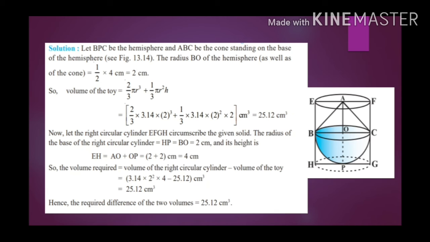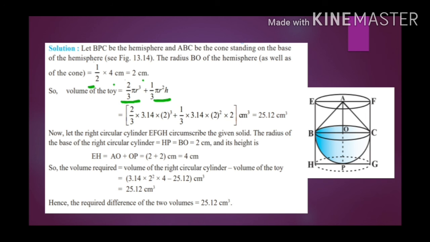As you can see, the toy is in this shape. So the volume of toy is equal to volume of cone plus volume of hemisphere. So this is the volume of cone plus volume of hemisphere. The diameter is given as 4 cm, that's why radius is half into 4, that is equal to 2 cm.